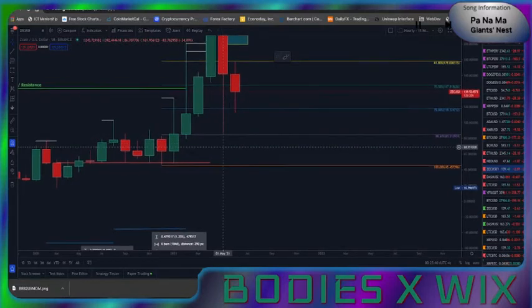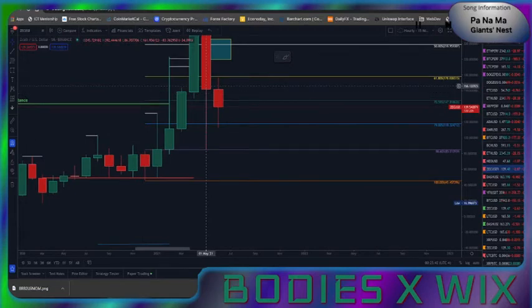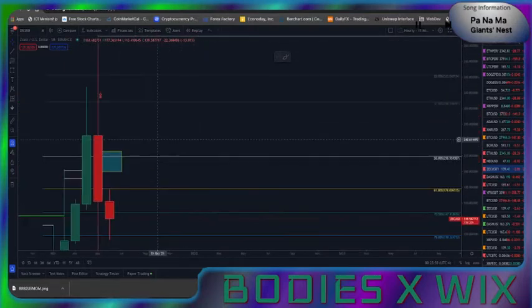It pulled up, but it still hasn't pulled up over the 60%. Then it pulled back down again and went to the 70.5. Again, another area probably of accumulation where it could continue on higher.